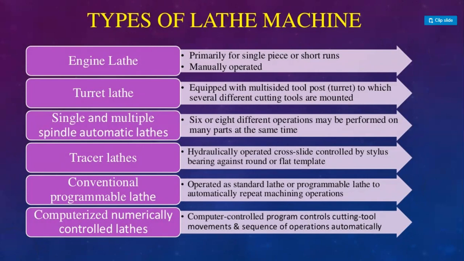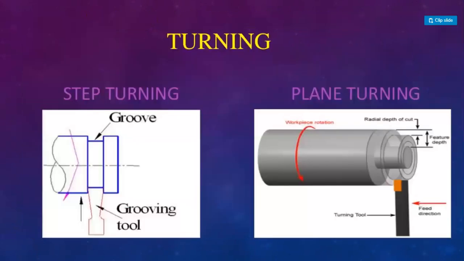Through this lecture, I'm going to discuss the engine lathe. I'm not going through all the topics because these are not in your syllabus. Our main objective for this video lecture is to cover the basic principles and the basic operations of the lathe.